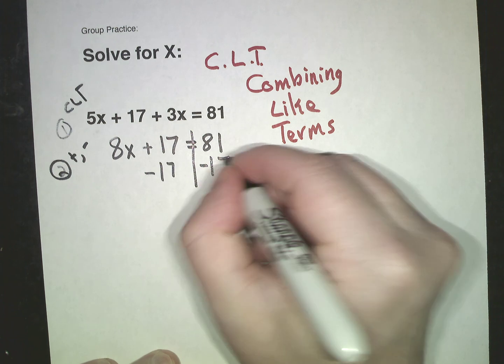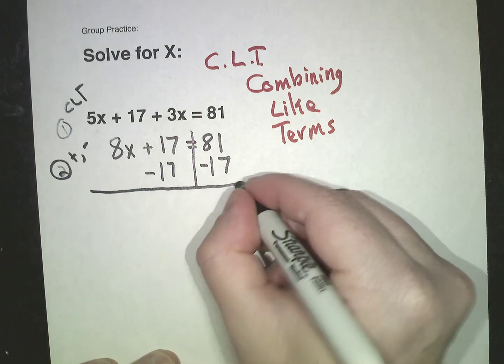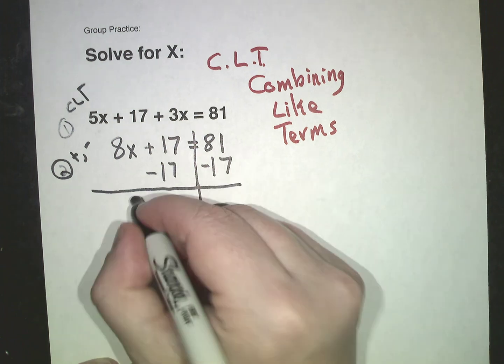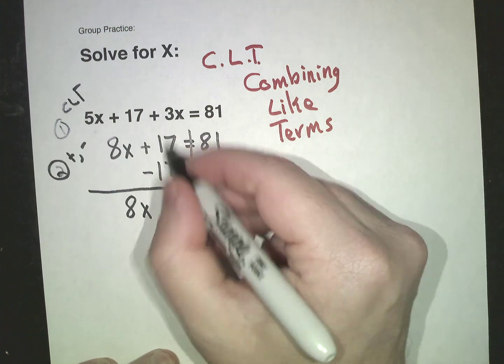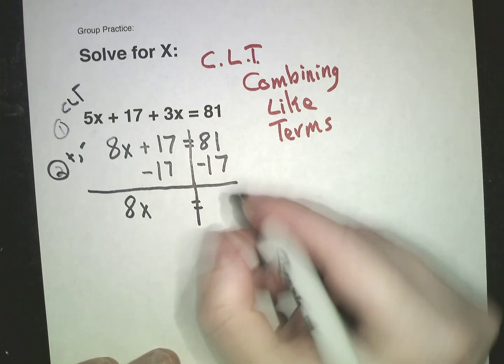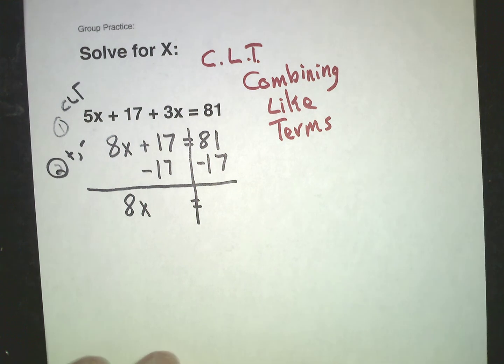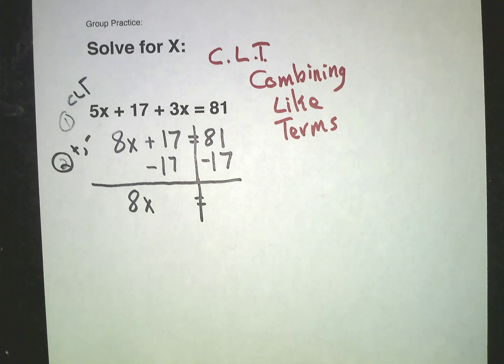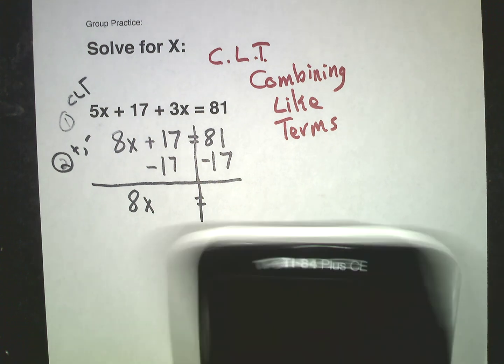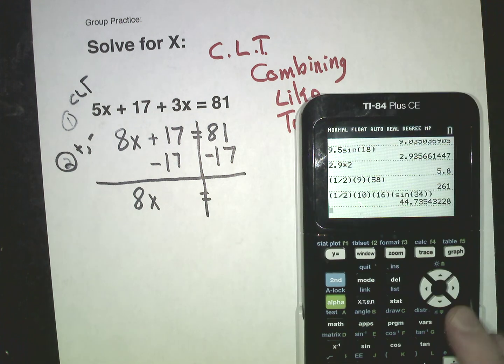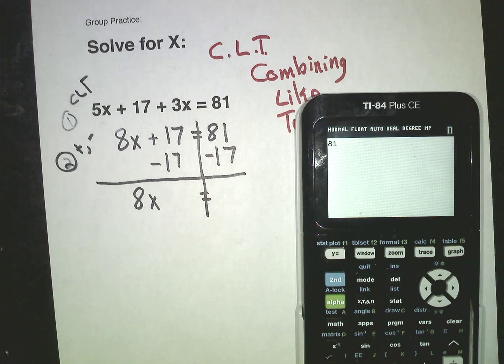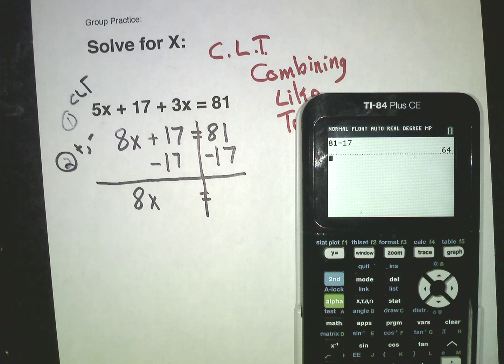If I do it to one side, I have to do it to the other. So 8x comes down. 17 minus 17 is 0, so I leave it be. And 81 minus 17, I don't know if I can do that straight in my head, so I'll use the calculator. 81 minus 17 is 64.